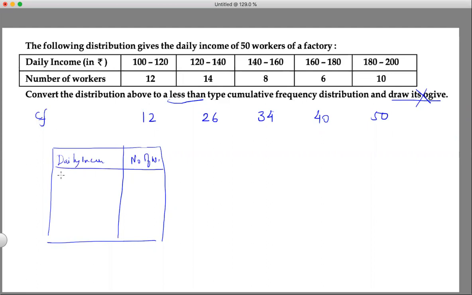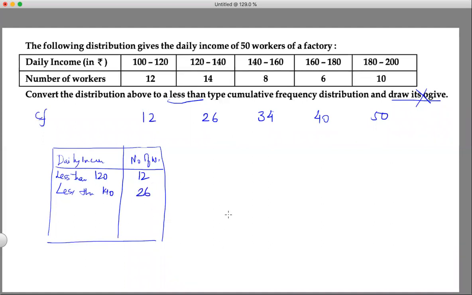So we can just say less than 120. We have to use the upper limit here. It is 12. Less than 140 is 26, and so on.